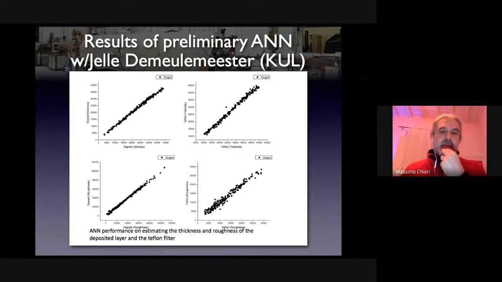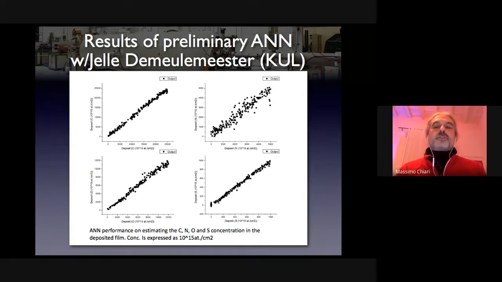And this is the output to show the performance of these very, very brutal artificial neural networks from almost 10 years ago, estimating the thickness and the roughness of the layer in the Teflon filters and the concentration of elements, the training set, and what the network gives as a result.